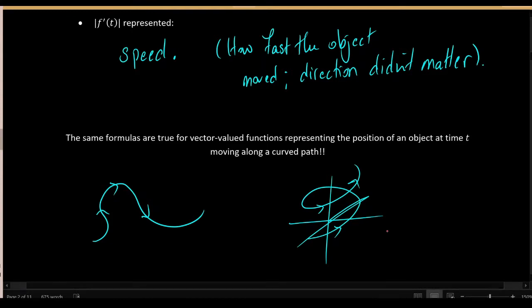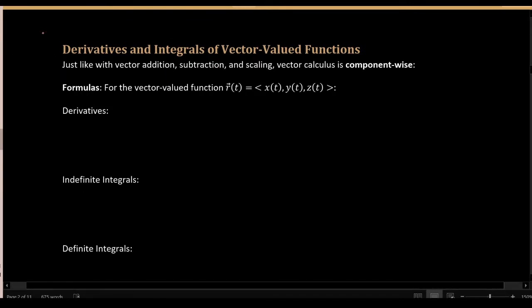The velocity can be found by taking the derivative of position. The acceleration can be found by taking the second derivative of position, and the speed can be found by taking the magnitude of velocity. So let's stop and let's talk about how to calculate the derivative of a vector-valued function as opposed to a scalar-valued one-dimensional position function.